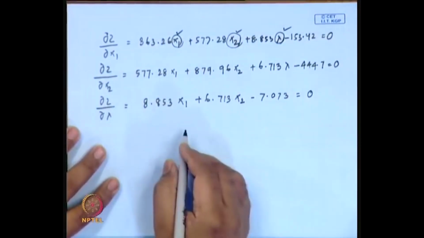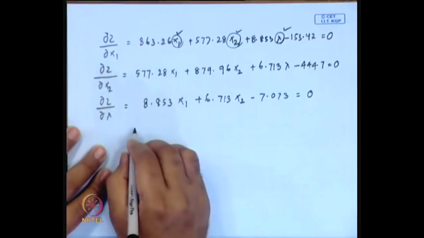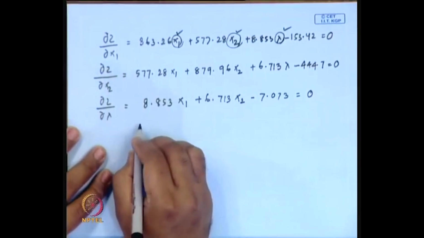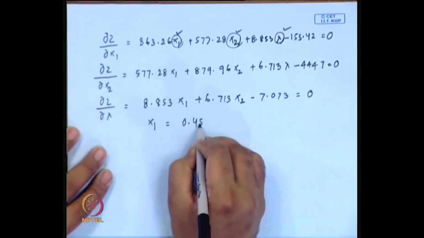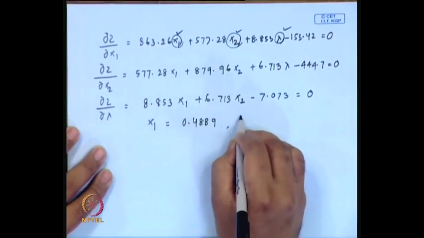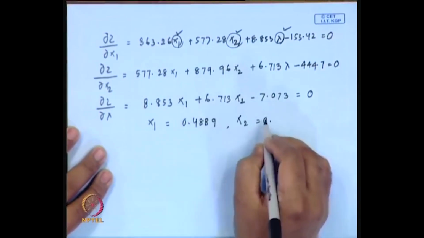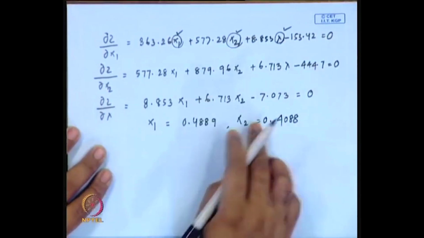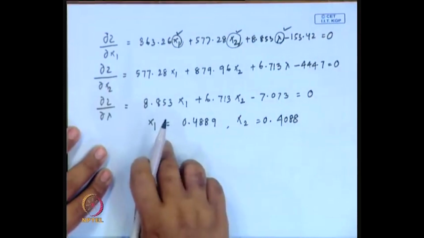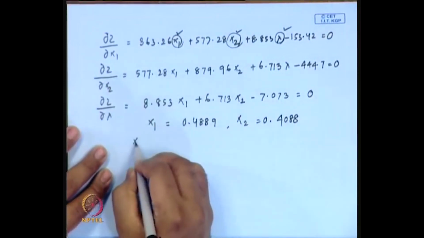After the necessary simplifications, we find x1 is equal to 0.4889 and x2 is equal to 0.4088.